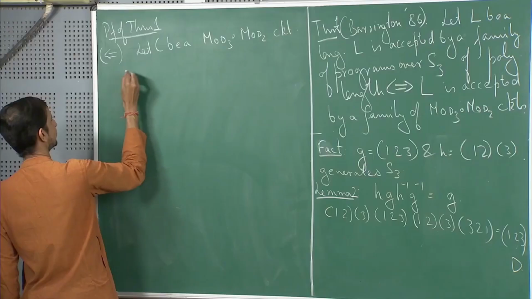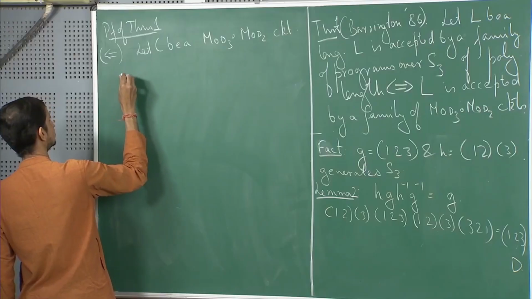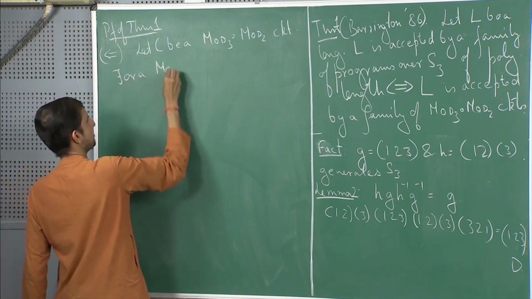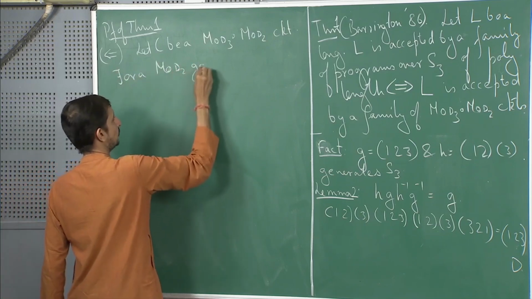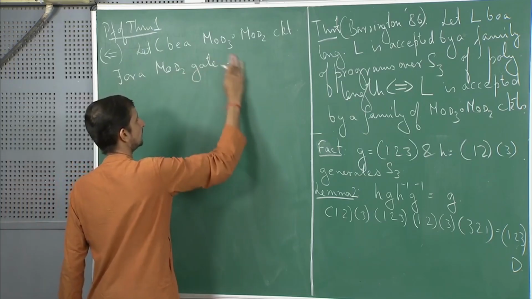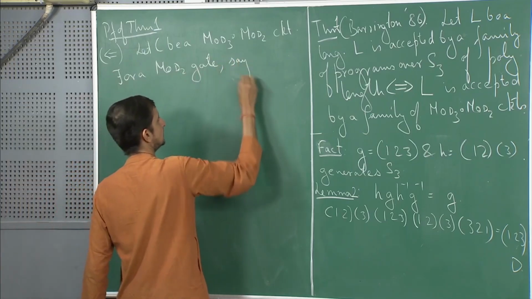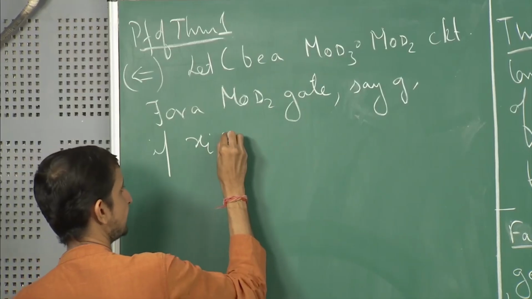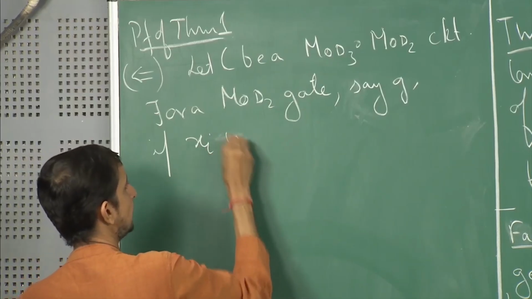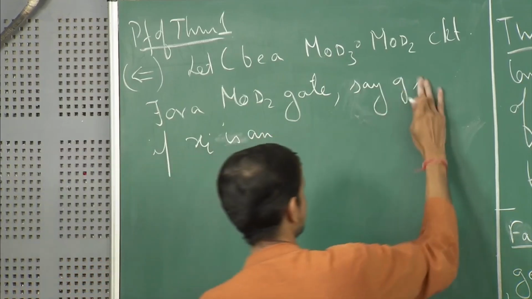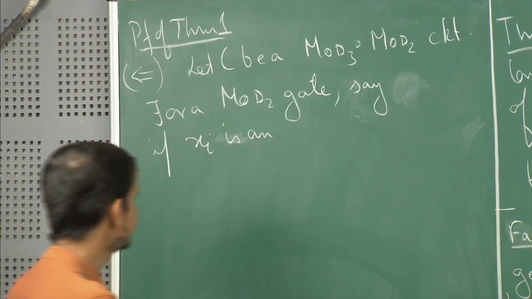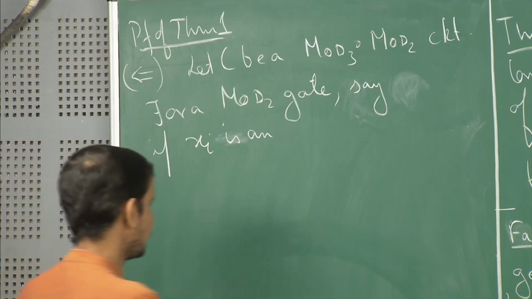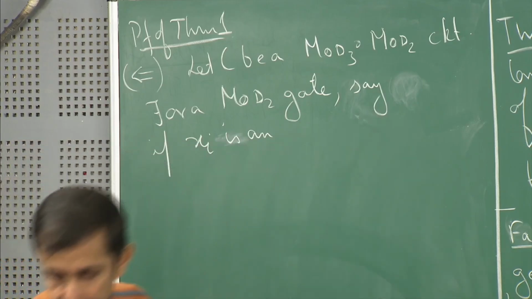Okay. So, for a mod 2 gate, let me not use G over here because G is used in a different context. Actually, I do not need any notation for this right now.